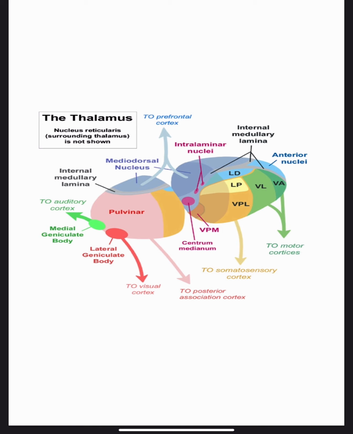And the lateral geniculate body goes to the visual cortex, area 17, and the medial geniculate body to the auditory cortex, areas 41 and 42, and the dorsomedial nucleus goes to the prefrontal area, that is 9, 10, 11, and 12.